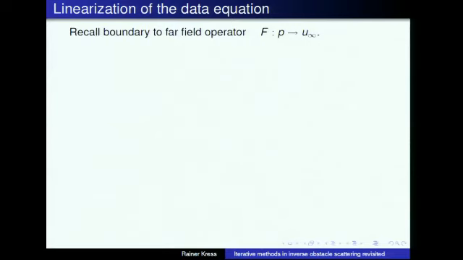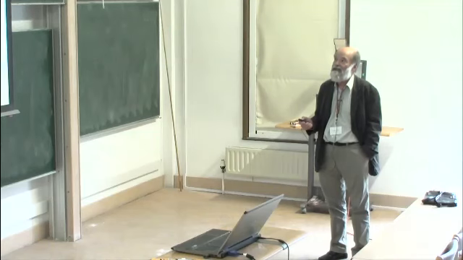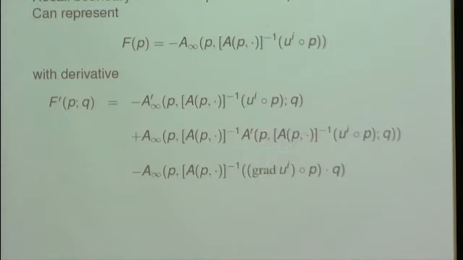And the answer is yes, it has some relation, because what we can do is represent the far field map as the far field of the density that we obtain by solving the singular equation. This is an explicit representation of the far field map under the assumption that we are not at an interior eigenvalue. And you see here the P occurs at 1.